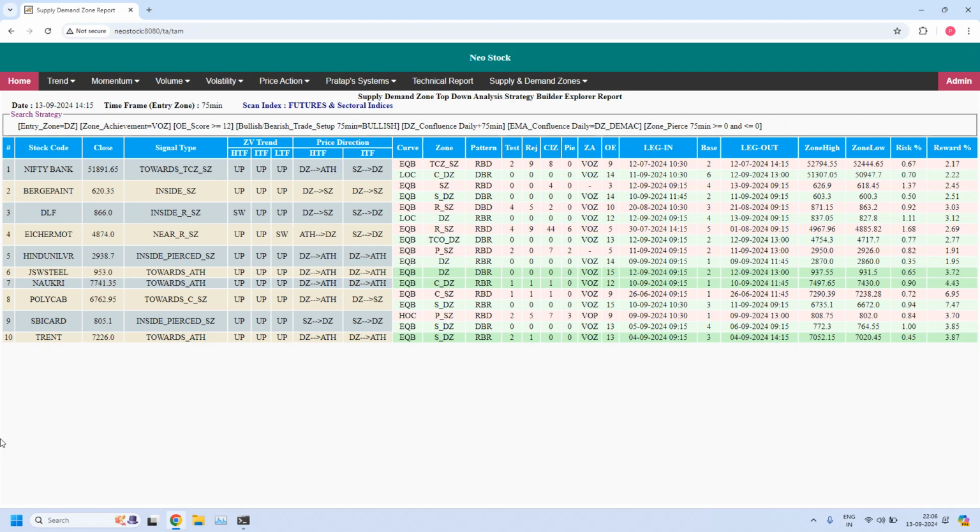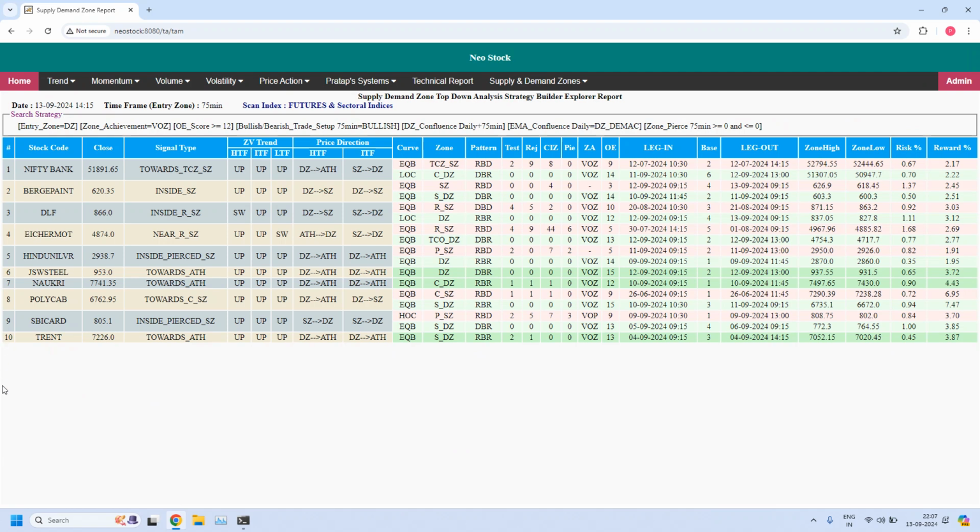So 10 stocks are filtered. All these 10 stocks are supporting high probability trade setup because of the EMA confluence, and trend is uptrend, and the 75-minute zone is part of the daily zone, and it is supporting bullish trade setup for weekly income trade.